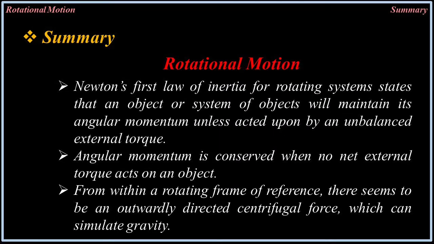Newton's first law of inertia for rotating systems states that an object or system of objects will maintain its angular momentum unless acted upon by an unbalanced external torque. Angular momentum is conserved when no net external torque acts on an object. From within a rotating frame of reference, there seems to be an outwardly directed centrifugal force which can simulate gravity.